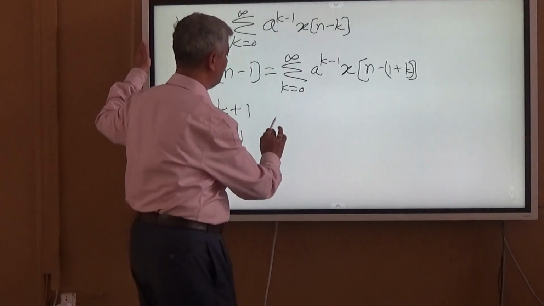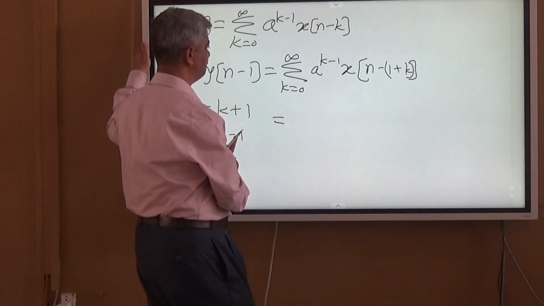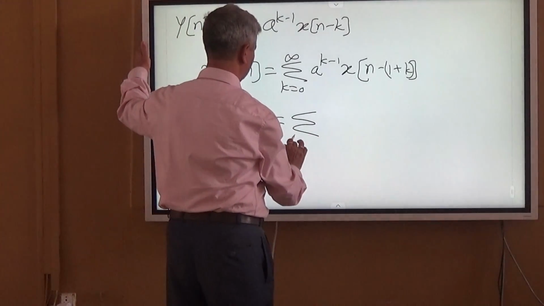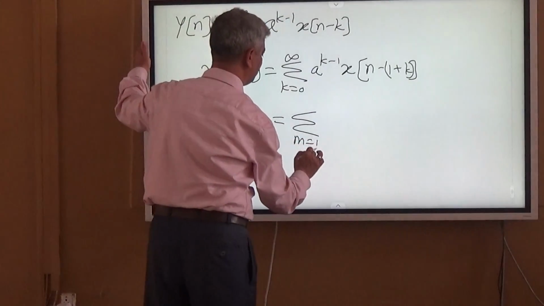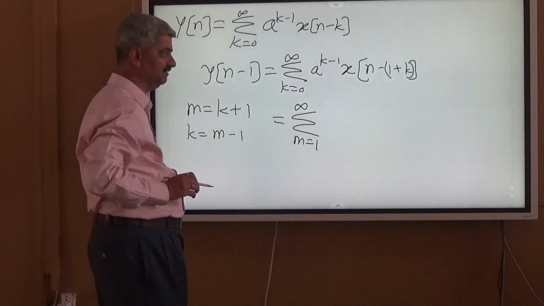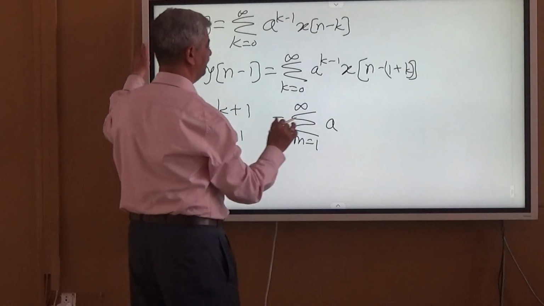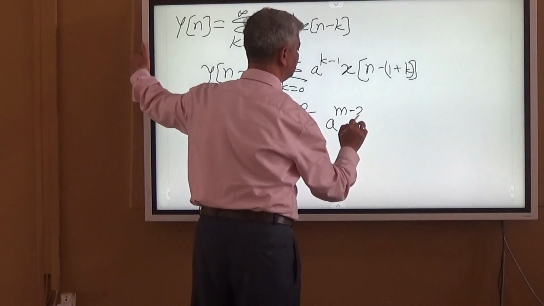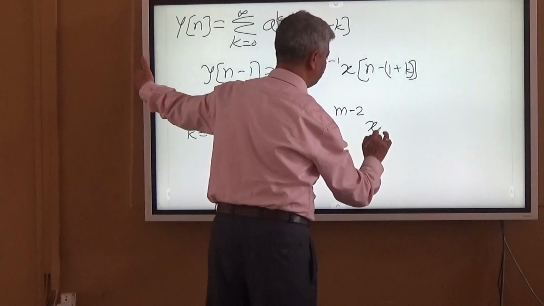So what will that look like? k is m minus 1, so k minus 1 becomes m minus 2. Since k is 0 to infinity, m is from 1 to infinity, a raised to m minus 2, x of n minus m.